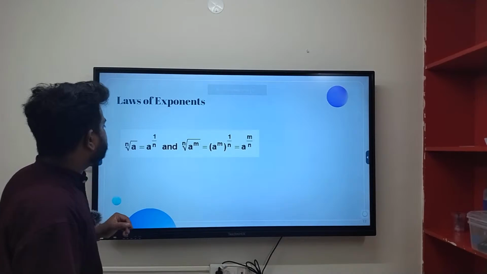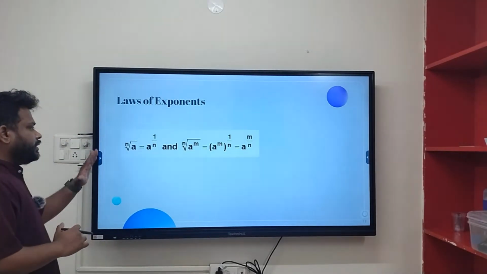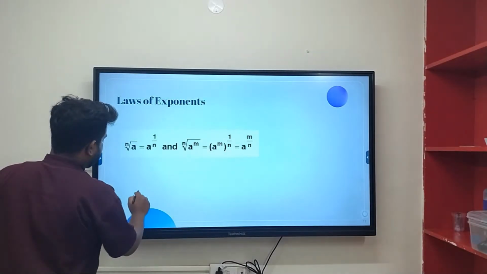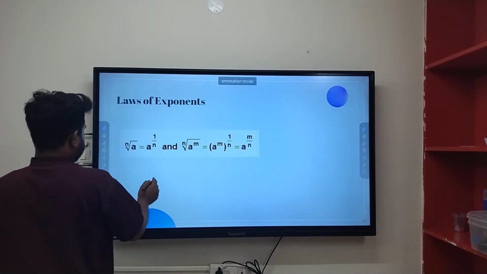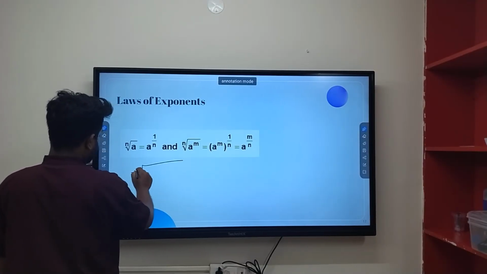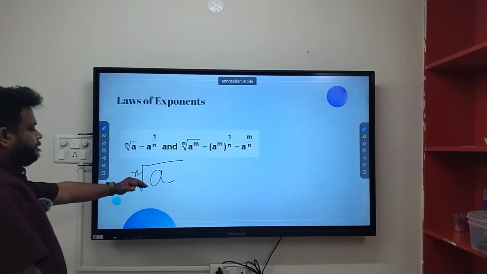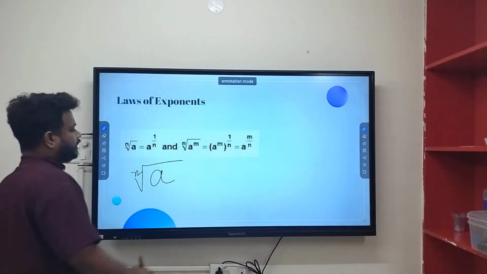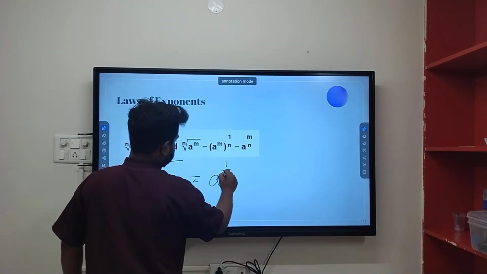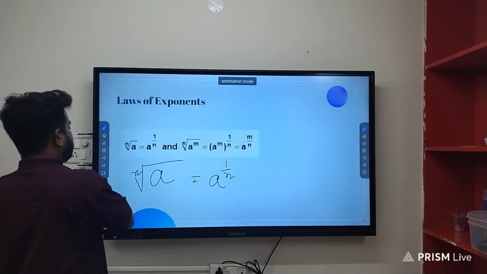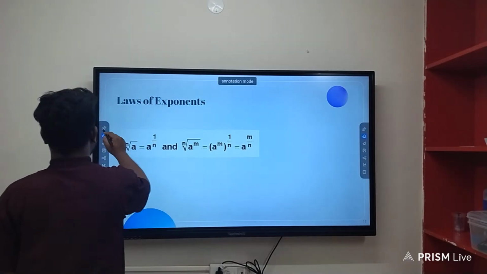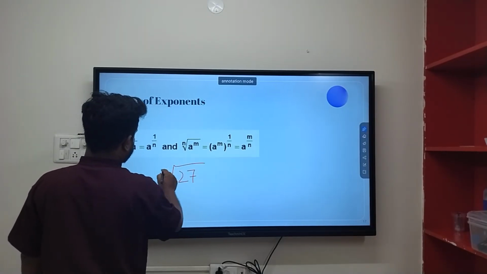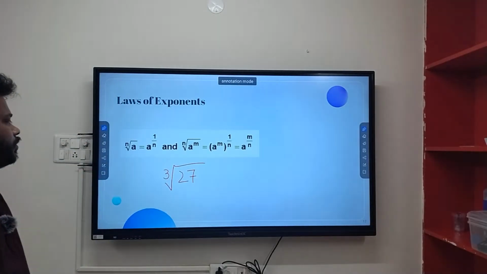Okay, so in short, all the power laws are summarized here: the nth root of a can be expressed as a to the power 1 by n. For example, the cube root of 27.